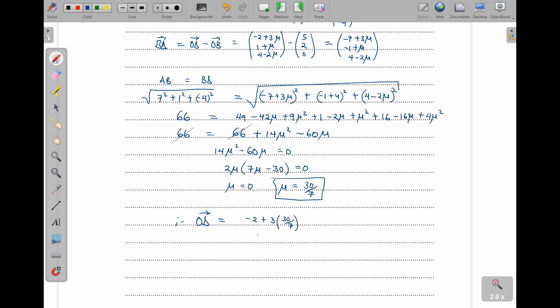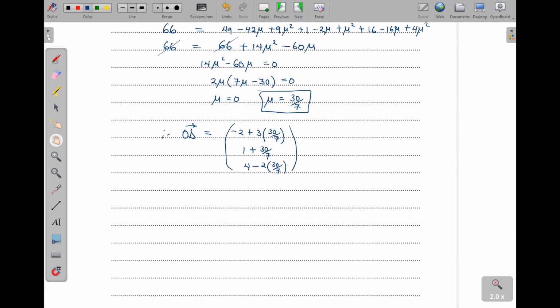Then we also have 1 plus 30 over 7, and then 4 minus 2 into 30 over 7. So when we simplify this one, what do we get? You can get this 7 times this 2, you get negative 14, then plus 90, so it is 90 minus 14, which is 76.